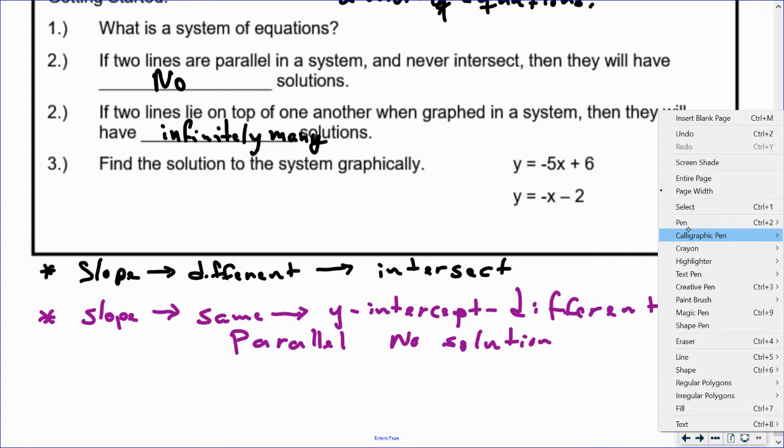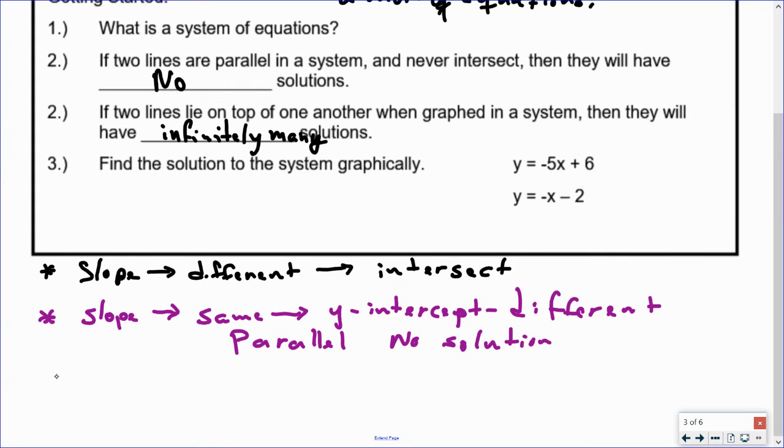And then the last possibility that I can come up with: I check the slope, they're the same. I check the y-intercept, they are the same.